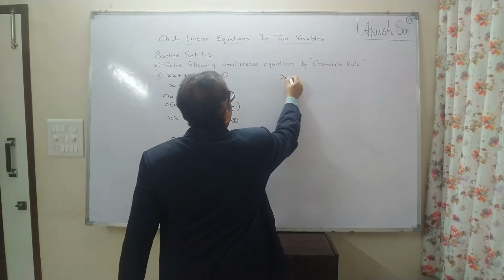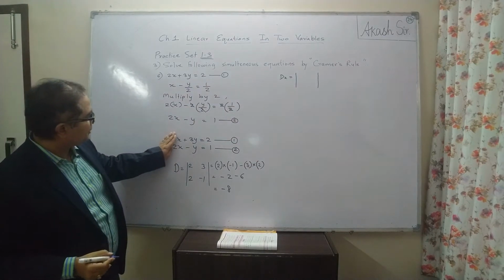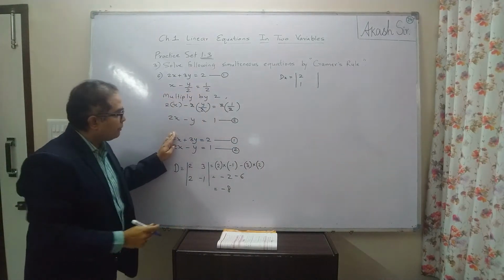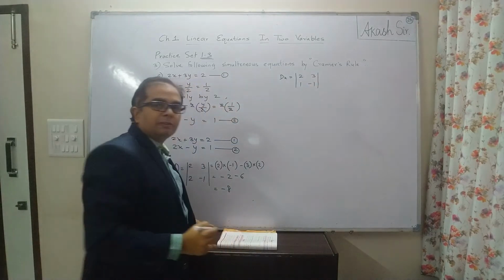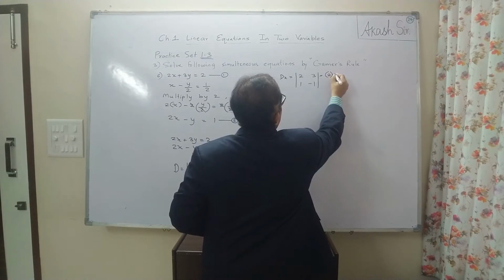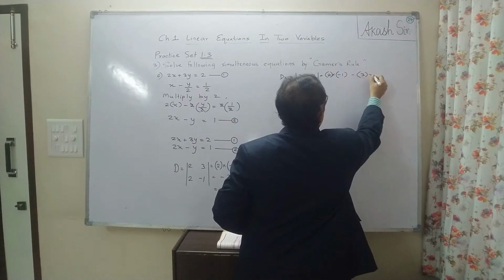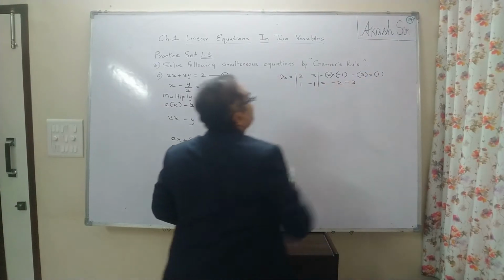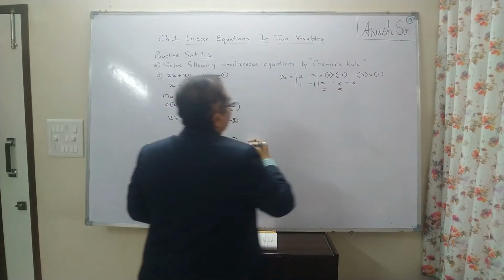Now Dx. Replace the coefficient of x with the last numbers 2, 1, and the coefficient of y, 3, minus 1, as it is. Solve this. 2 into minus 1 minus 3 into 1. 2 into minus 1 is minus 2, minus 3 1s are 3, minus 2 and minus 3 addition is minus 5.